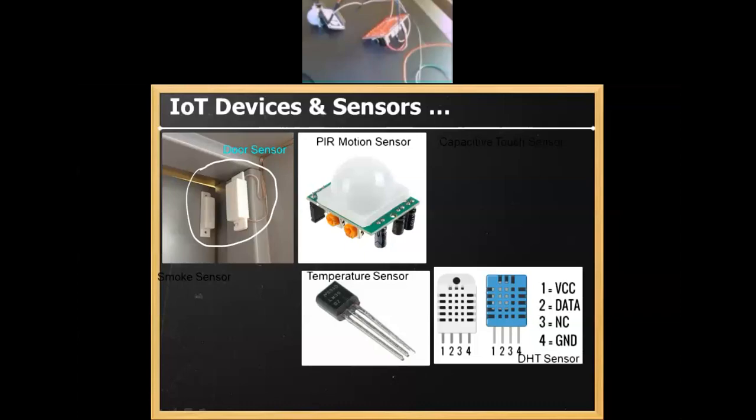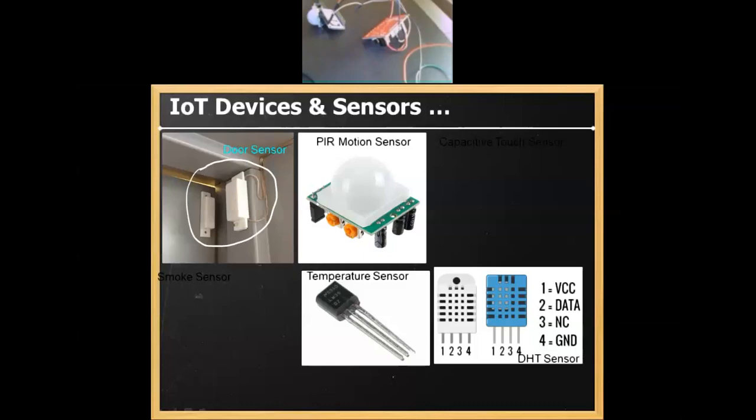So in home automation, whenever you enter a room, automatically the lights will switch on. That type of application students can build. Or whenever somebody is entering the home, then an email and SMS will be sent. That type of application can also be prepared.